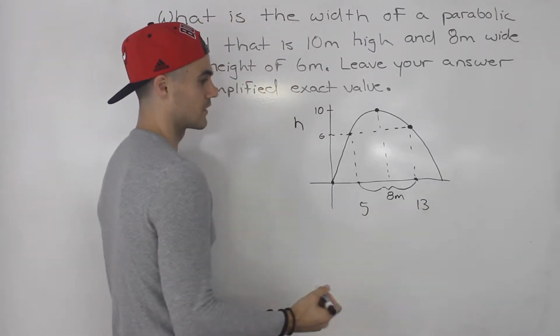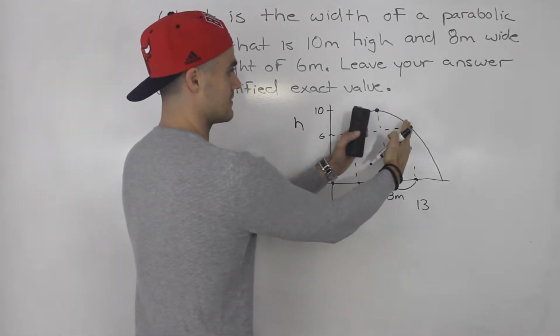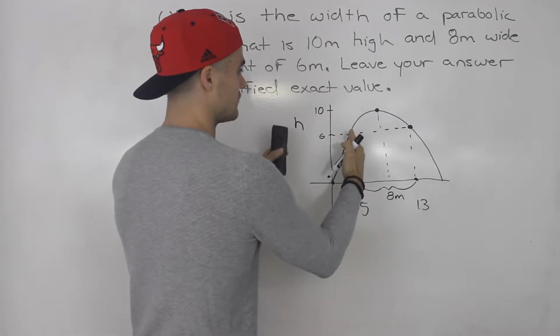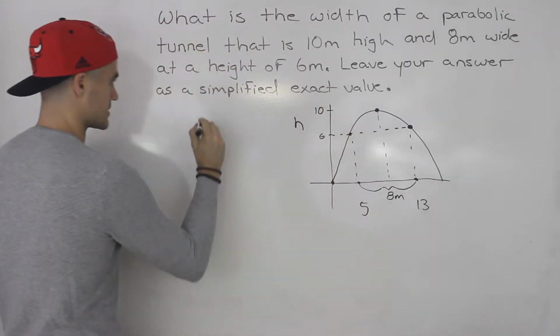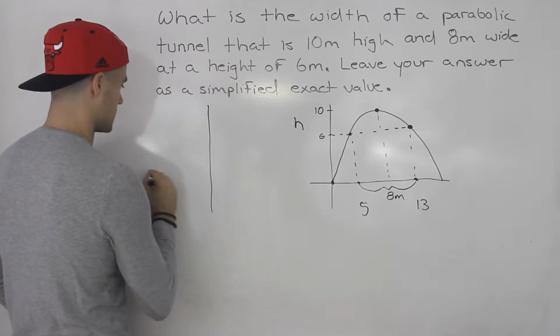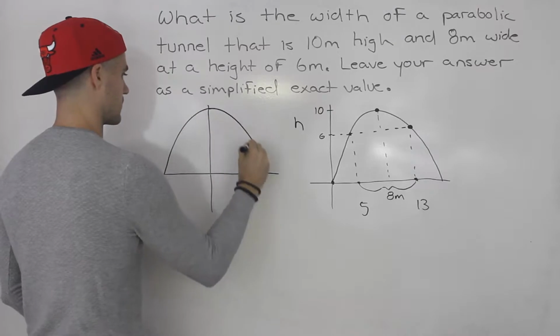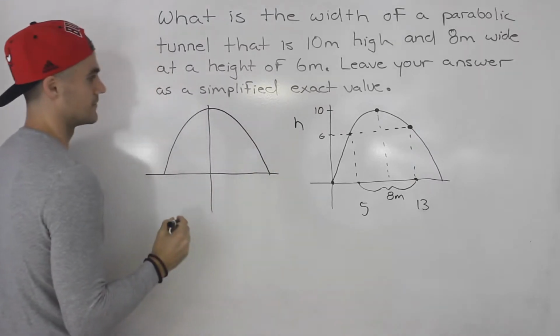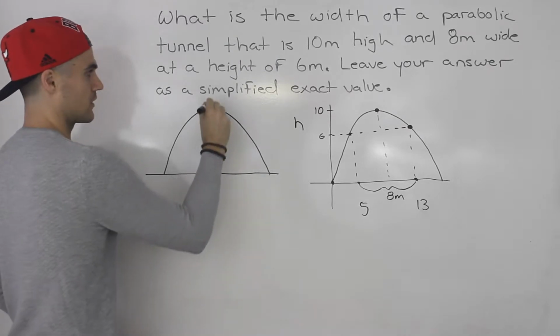We don't know. So what I actually recommend doing is taking this parabola and shifting it. So this max point is on the y-axis. So let me show you. So it looks like that. Because now we know the coordinates of this point.